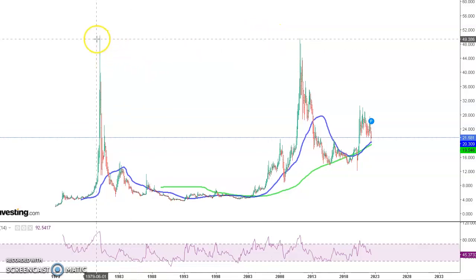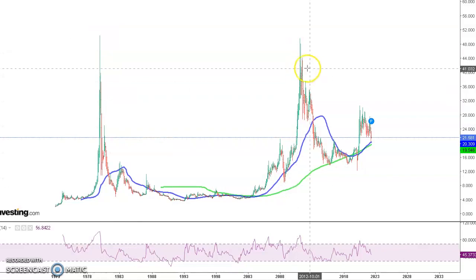Although this cup and handle has happened over a 30-year period or more, it is still valid, and it's going to create an exponential expansion. So what does that basically mean? This is the cup right here, and this is the handle.